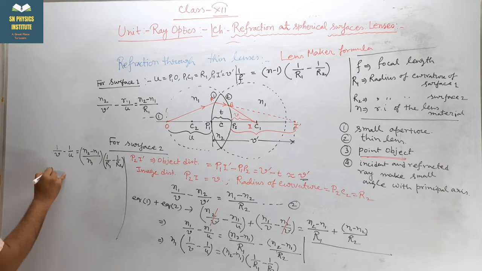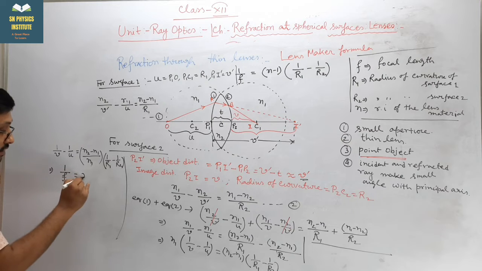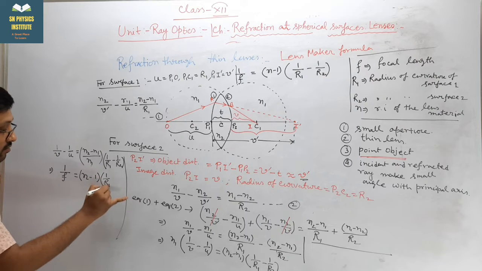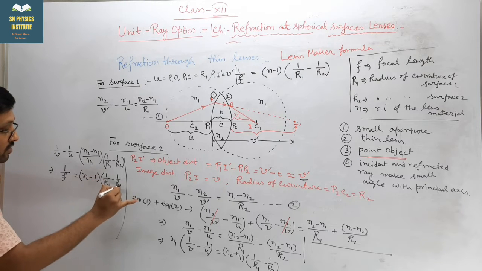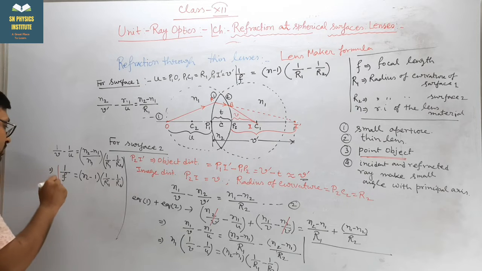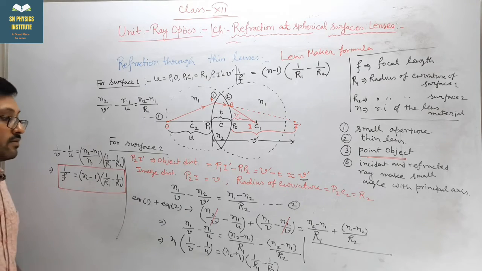This is the lens formula, 1 by v minus 1 by u is equal to 1 by f. And n2 minus n1 by n1 means 1 into 1 by r1 minus 1 by r2. So this is the very important lens maker formula.